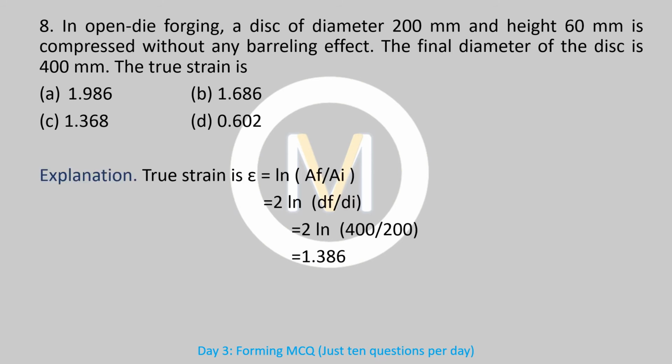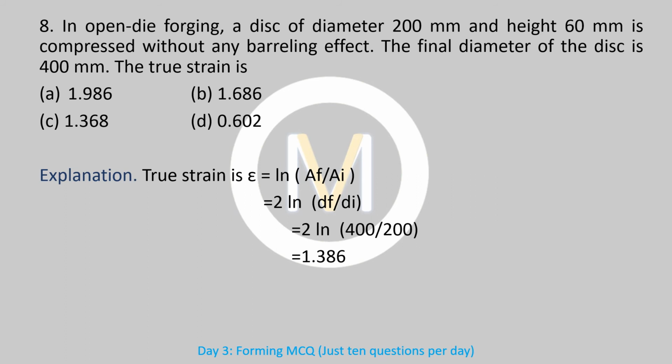So the strain formula is, as we all know, the log of the final area divided by the initial area. We are taking the log because of the circular part. In this case we have the diameter only, not the area, so we will convert this into diameter.